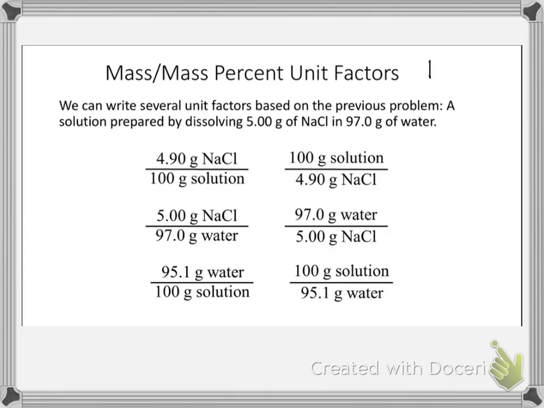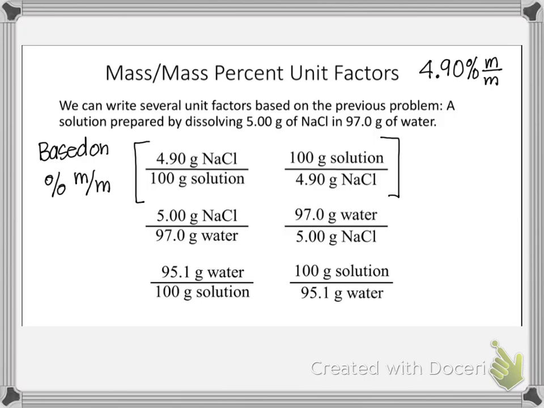And remember, I just calculated it's 4.90% mass to mass. So we could write here a ratio, and this is based on the percent mass to mass. So percents always tell us out of 100.